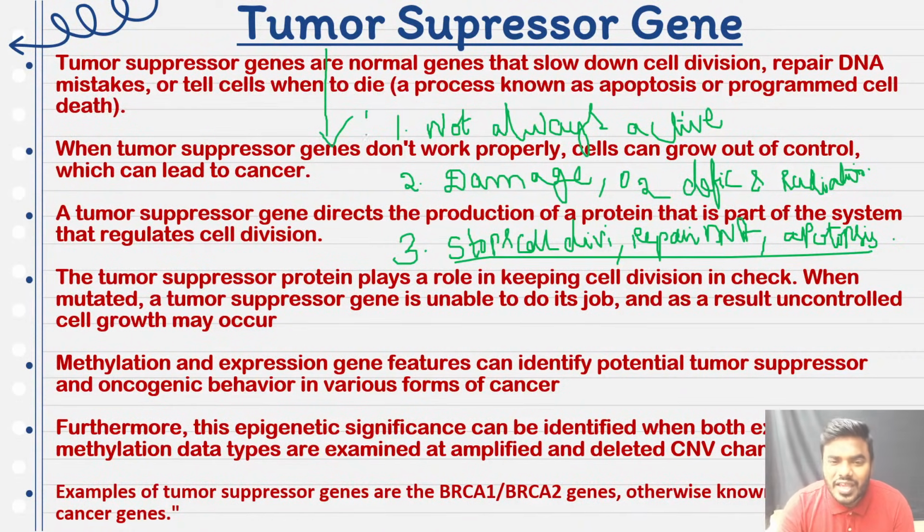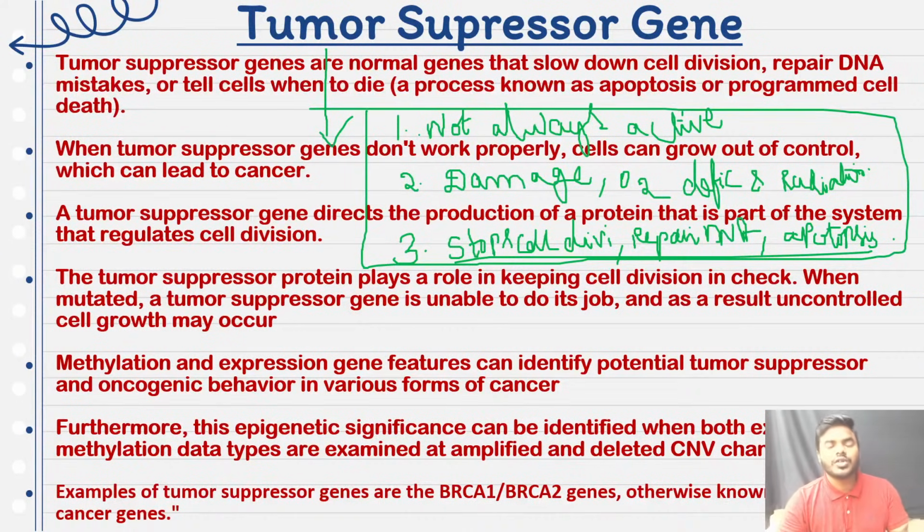These are the three major functions performed by every single tumor suppressor gene, I can tell you in a little different way, but the common mechanism of action is the same. So one point should be in your mind: every tumor suppressor gene is not active in our body every time. I am talking about every time.